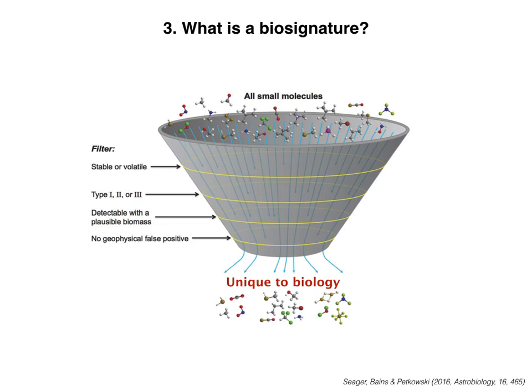Type 1 biosignatures are associated with metabolism, which means they can be common gases like methane. But type 1 biosignatures also have strong geological false positives, meaning that just because you see methane doesn't automatically mean it's life. It could also be produced by rocks.